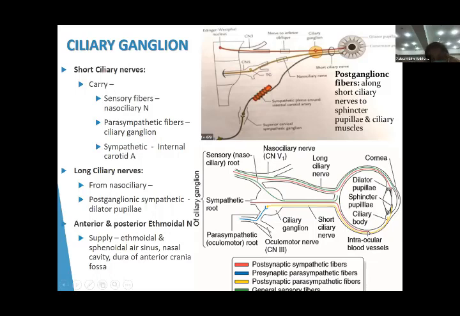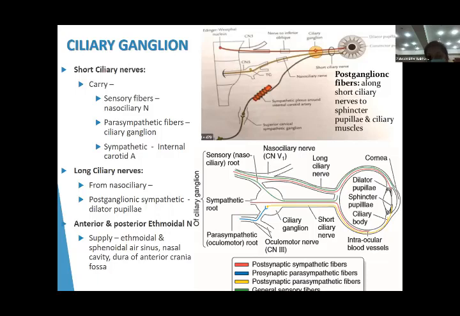Besides that, you have the anterior and posterior ethmoidal nerves. They go and supply the ethmoidal and sphenoidal sinuses, the nasal cavity, and the dura mater of the anterior cranial fossa. Okay? So basically, I wanted to tell you about the long ciliary.